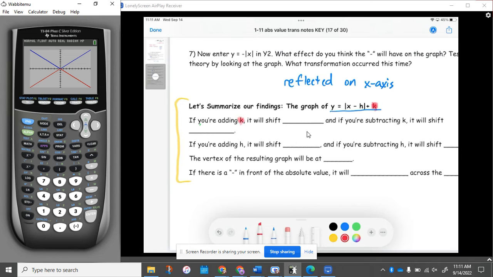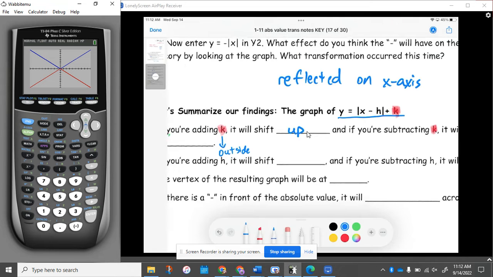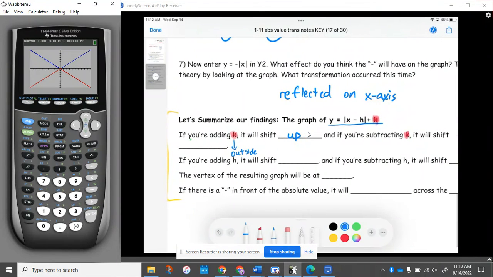If you are adding k or subtracting k, that's something on the outside, something outside of the absolute value bars. If you're adding it, it shifts the whole graph up. And if you're subtracting that number on the outside, it shifts the whole thing down.